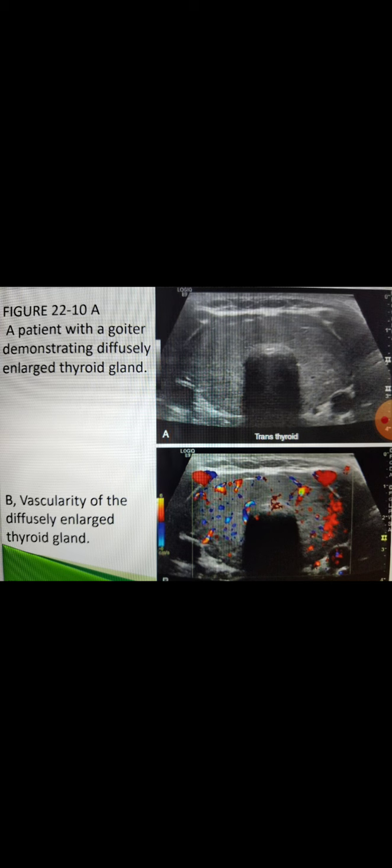The patient can also have pressure on the trachea or the neck veins. The pressure on the neck veins will lead to venous distension, and it can also cause hoarseness of the voice.